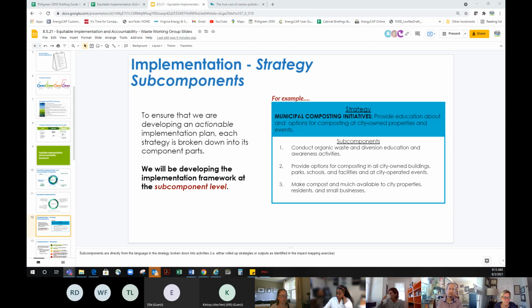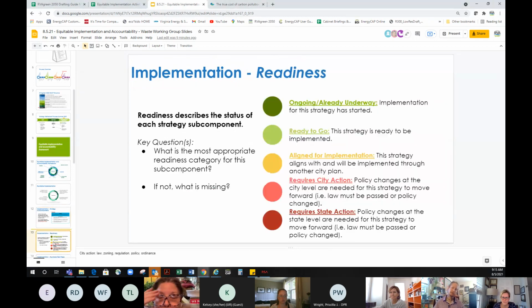And then the third subcomponent is make compost and mulch available to city properties, residents, and small businesses. So the structure we're looking at is the strategy and three subcomponents. And as we develop the implementation next steps, we're breaking it down to those subcomponent levels. Please stop me if anyone has any questions as we go.